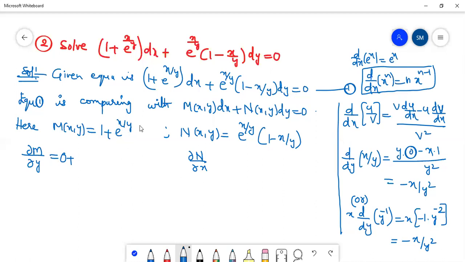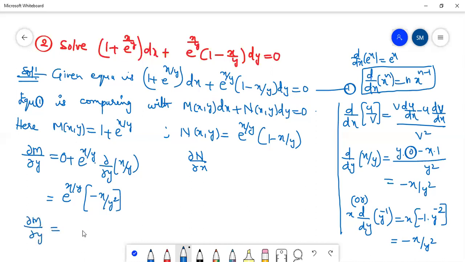So here the derivative of e^(x/y) is e^(x/y) times the partial derivative of x/y with respect to y, which is -x/y². So here ∂M/∂y equals -x/y² times e^(x/y). It is the ∂M/∂y.